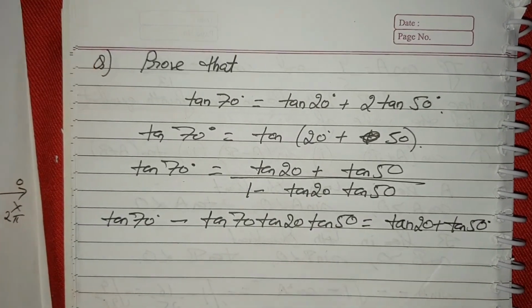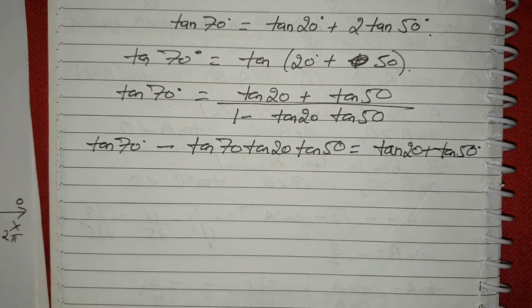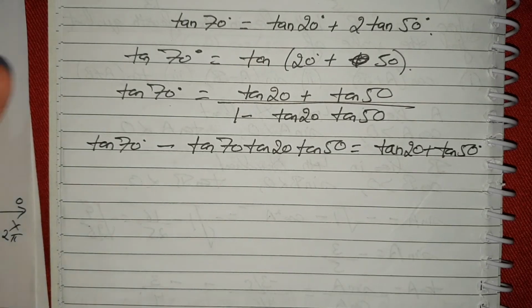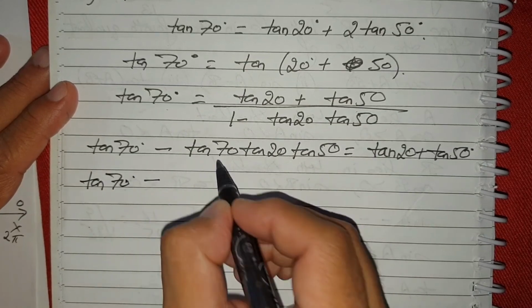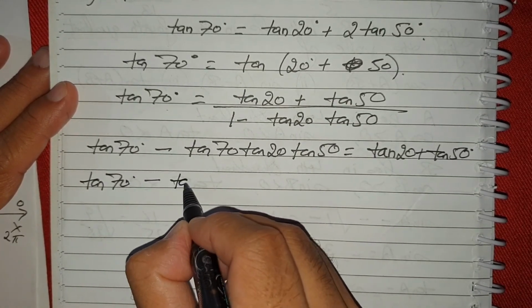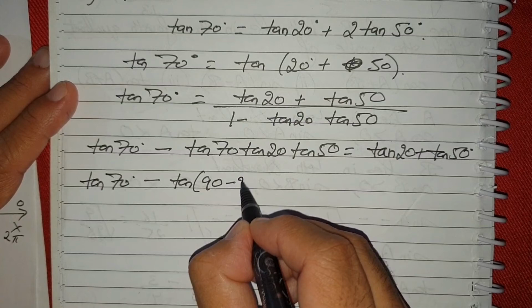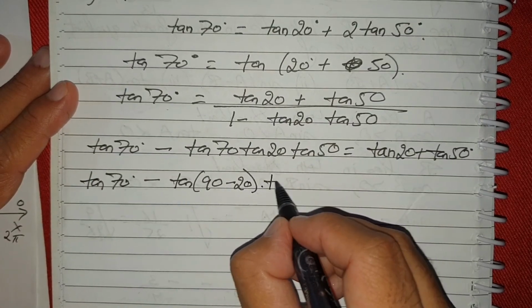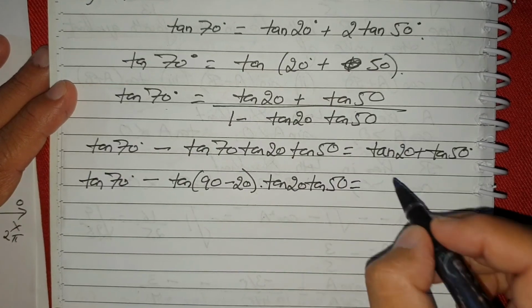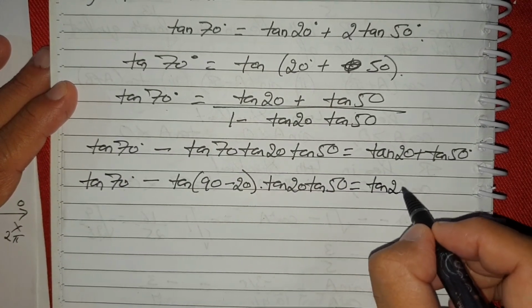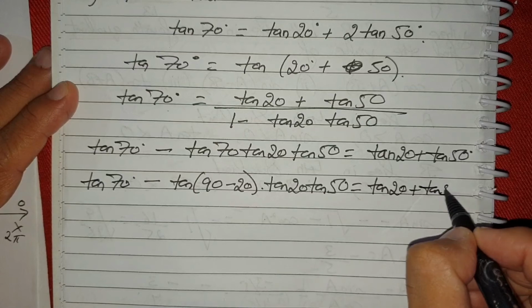Now tan 70, you can write tan 70 as tan(90-20). So tan 70 minus tan(90-20) into tan 20 tan 50 equals tan 20 plus tan 50.